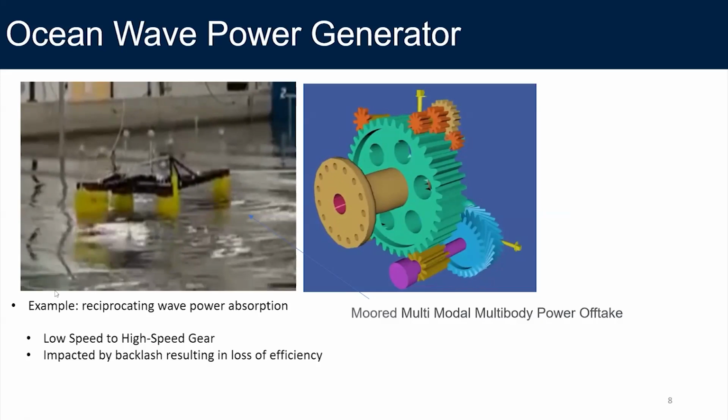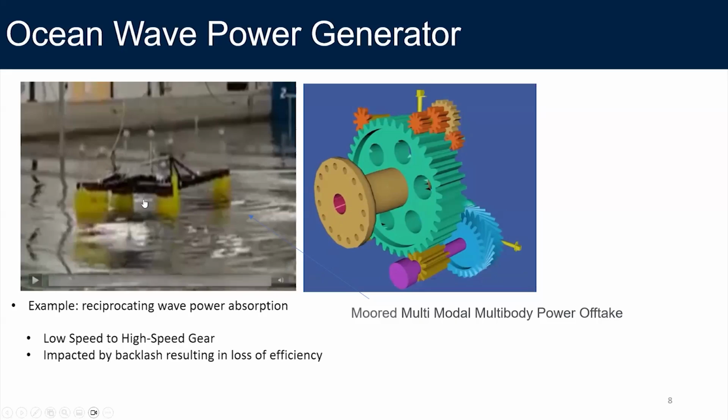With this type of reciprocating power absorption device, we found that if we have a gearbox coupled to an electric machine, the power generation is deteriorated by the backlash in the gearbox. That was one of the main downsides of this type of application.